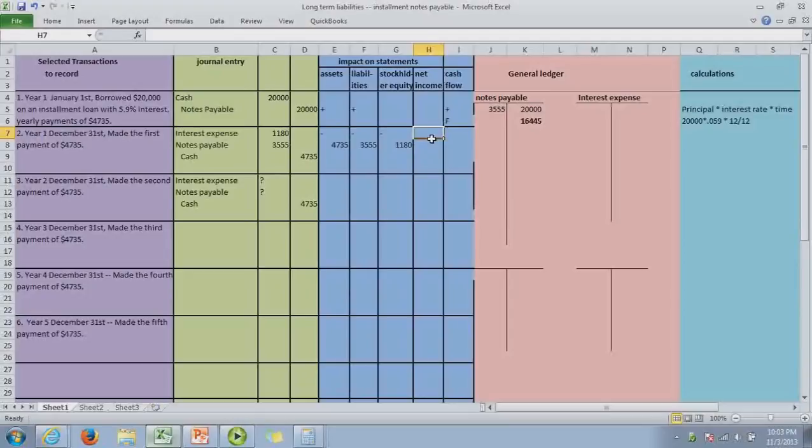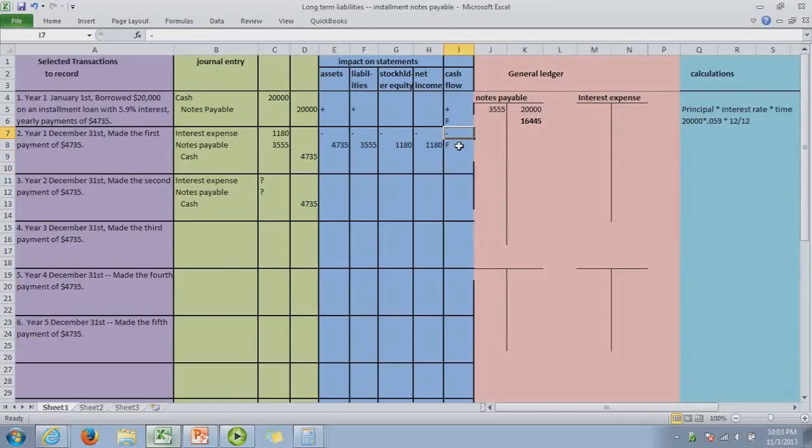And then of course your profits will be down because of your expense, and you'll have a cash outflow. Now this one's going to be a little bit of a challenge because your cash payment is reducing principal and interest. So your principal part will be financing, and that's going to be, let me go back up here.